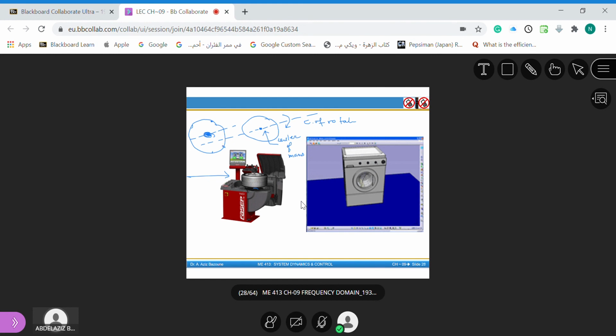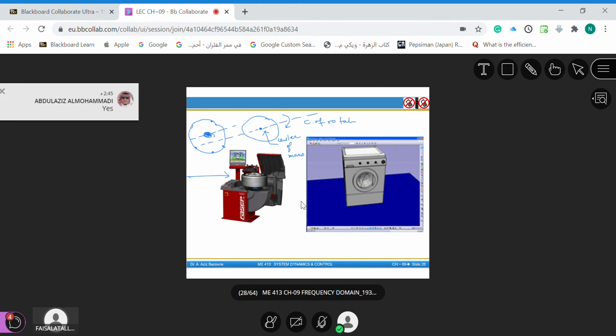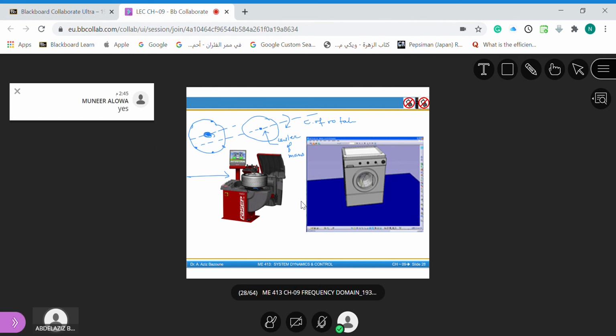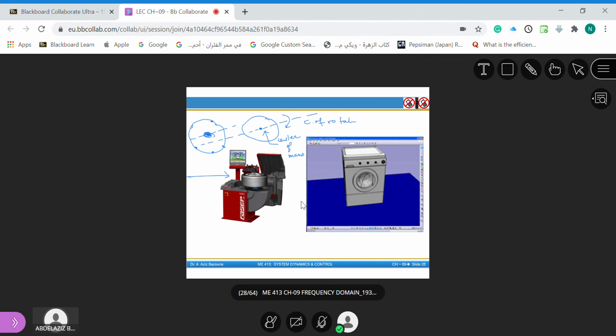So he will put small masses here. Maybe you noticed this in your cars. Did you notice it, Shabab? Yes, we see some small weights. And this is just to balance your car, so there will be no excessive vibration.